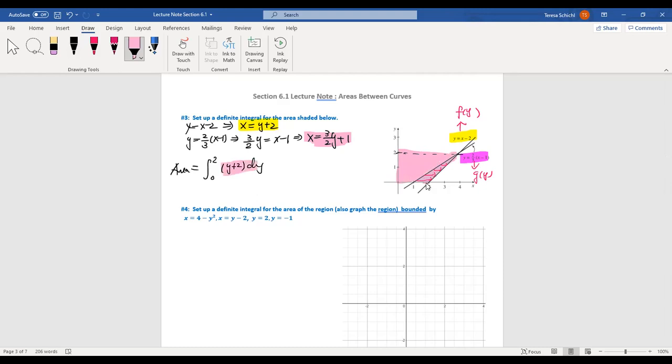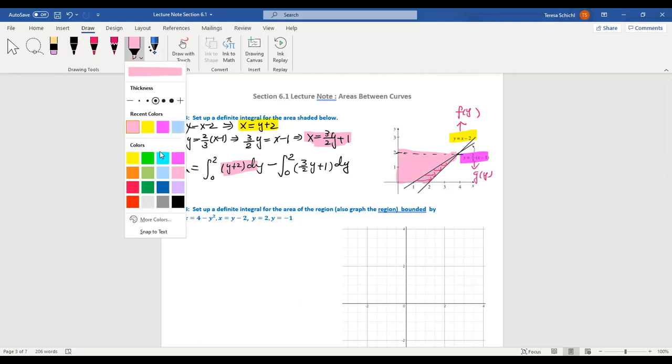So let me highlight this one. And then minus the integral from 0 to 2 of 3/2 y plus 1 dy here.